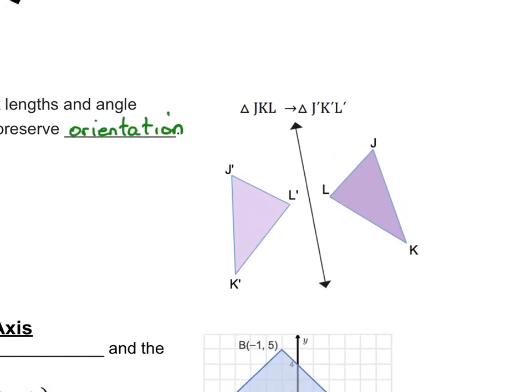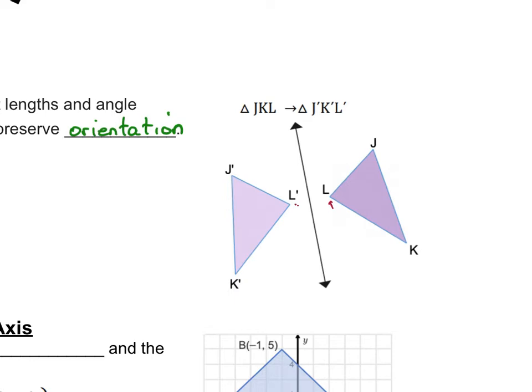And that's what we can see here, that L prime is the farthest right point, and then on my pre-image, L is the farthest left point. So we did not maintain the orientation.